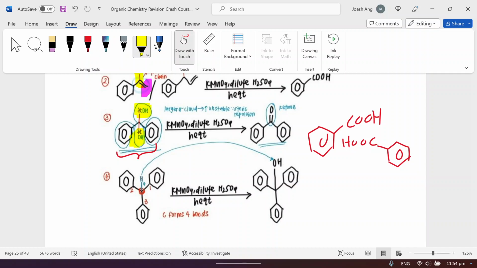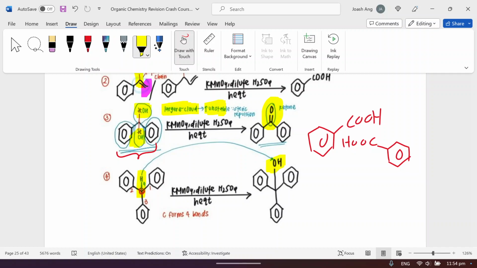However, because there is a lot of steric hindrance because of the two bulky benzene rings, the larger electron cloud of all these will cause the whole entire molecule to be unstable. That is why we only oxidize one benzylic hydrogen to become OH, and this OH will be further oxidized to a ketone. Same goes for this benzylic hydrogen right here. We'll oxidize it to an OH group right here.